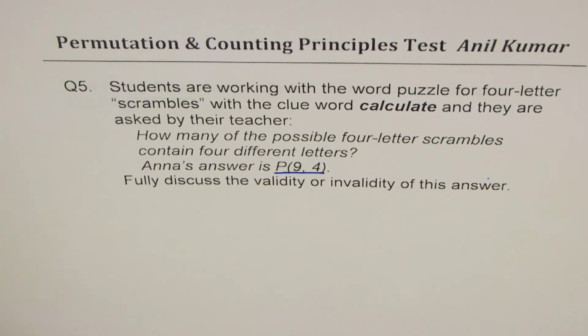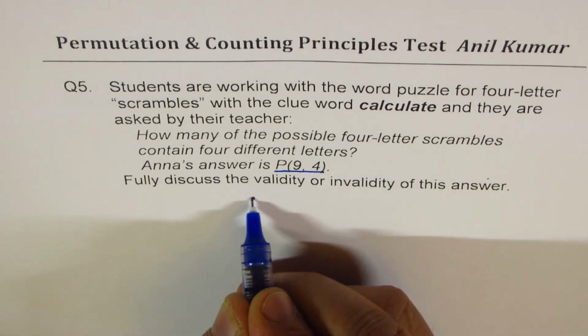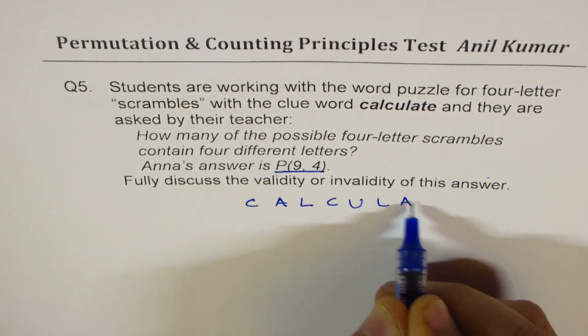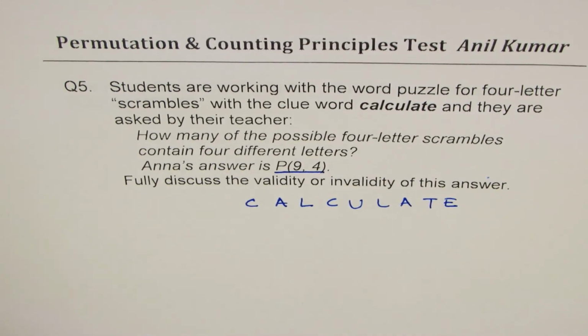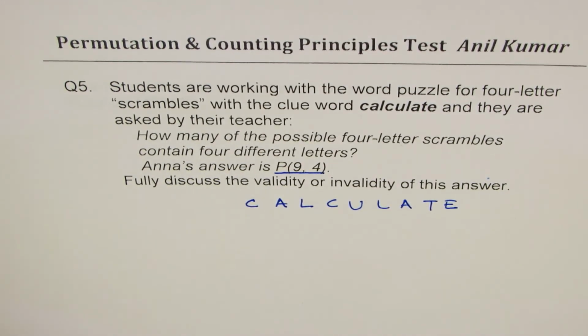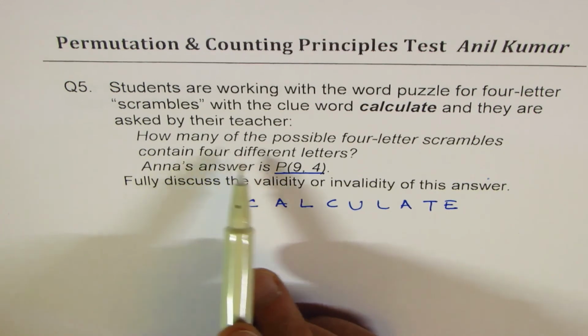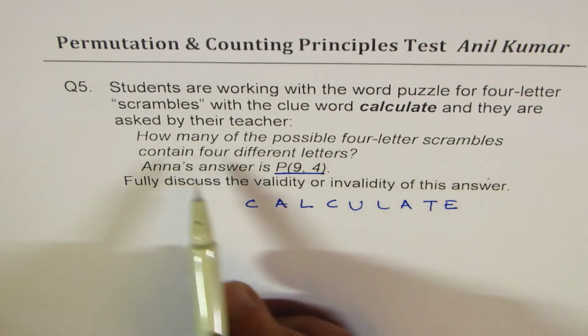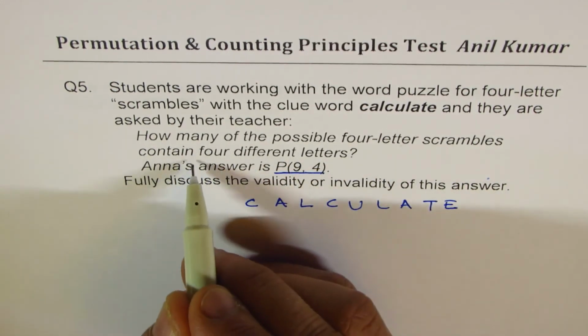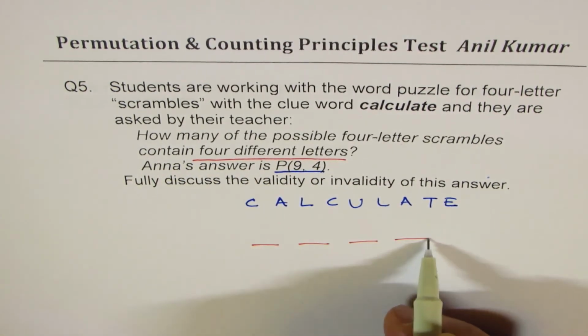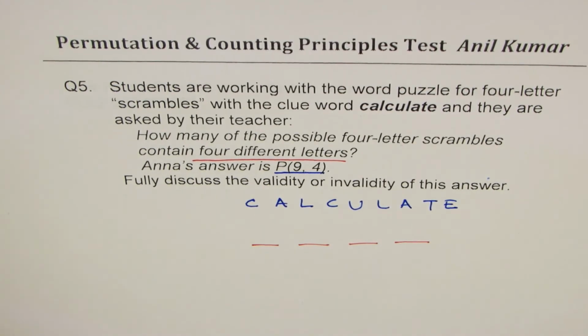Okay, so let's look into the word first. We're looking for calculate, that's the key word. What do you think should be the answer? Okay, I hope you have got it right. We are looking for calculate, and the key word here is distinct, right? So how many of the possible 4-letter scrambles contain 4 different letters? So we're looking for 4-letter combinations. Let's see how many letters are there in calculate, right?